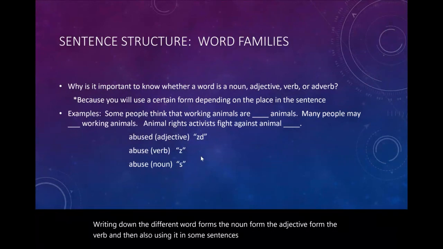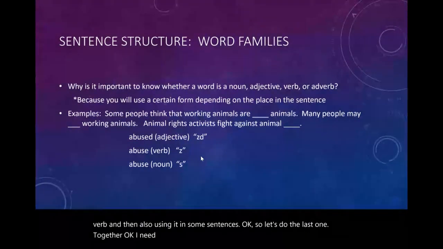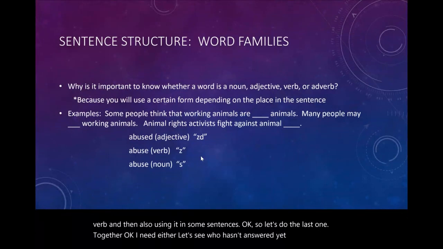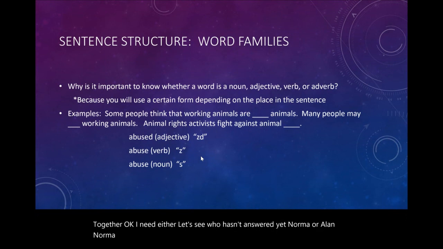So let's do the last one together, okay? Let's see, who hasn't answered yet? Norma or Alan, or Lun if you want to too. Let's do the last one.